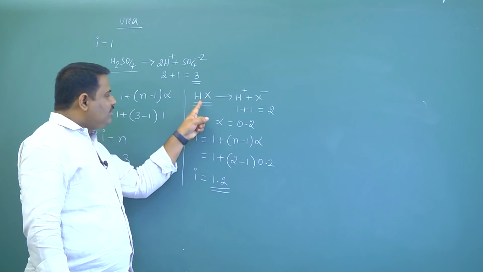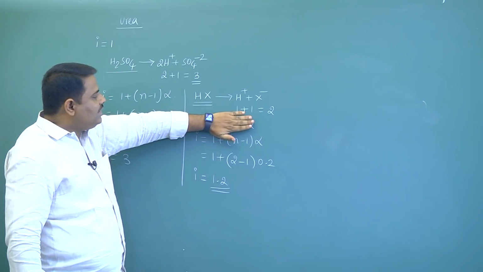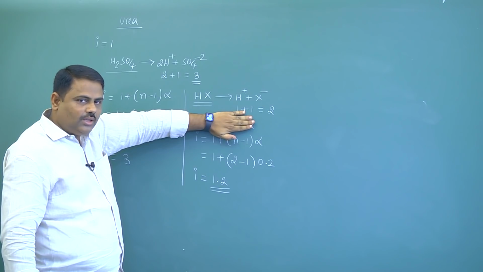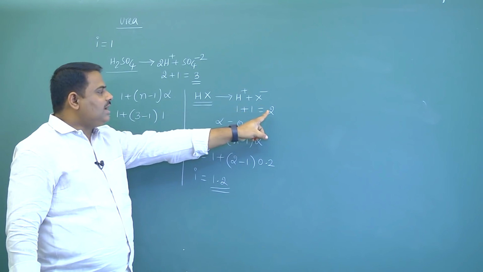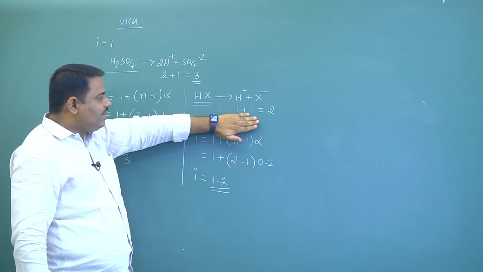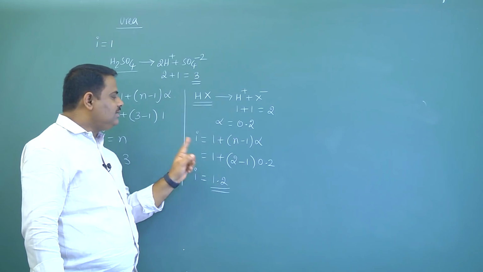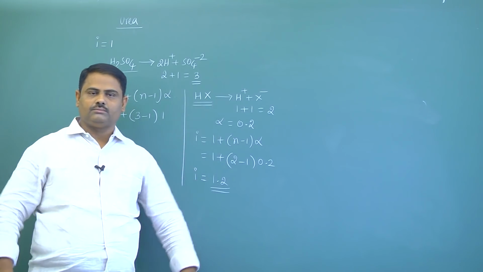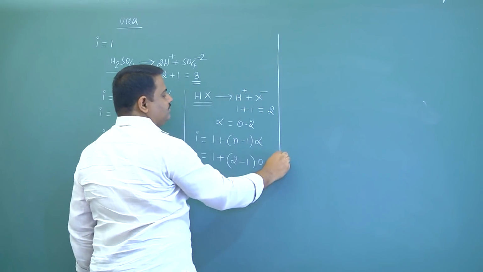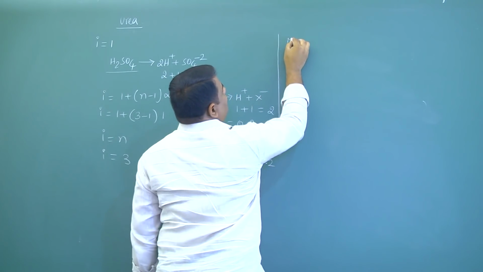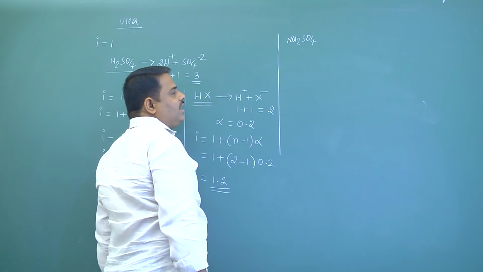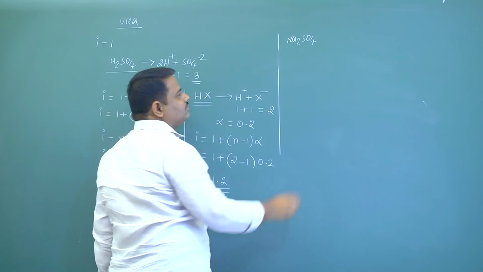Suppose for the same electrolyte alpha value is not given, then assume it as a strong electrolyte. If alpha is not given, then I is equal to n. Now, I will discuss many other examples. Sodium sulfate is given. What is its Van't Hoff factor?